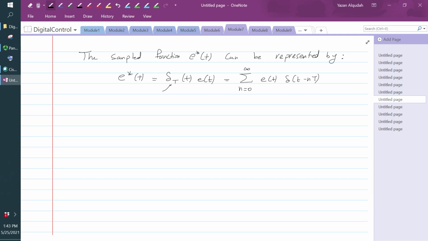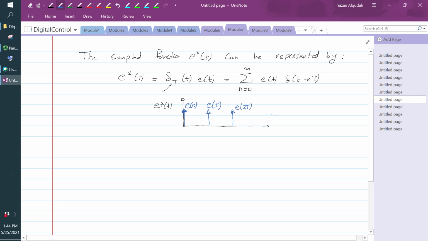And therefore, if I were to plot E star of t, it is going to be made up of impulses, and each impulse is going to have an area that is equal to the value of the signal at the time of the impulse. So this is E of T, E of 2T, and so on and so forth.